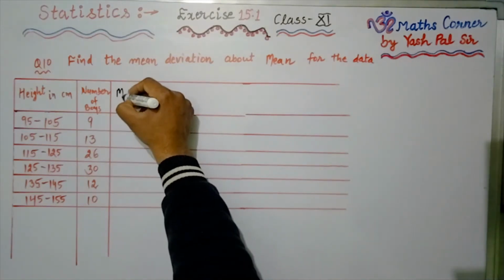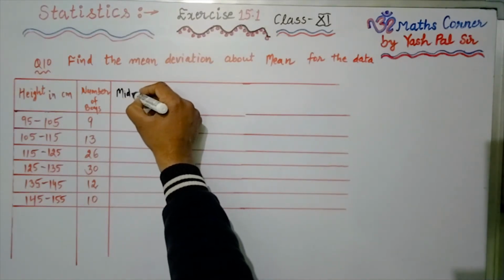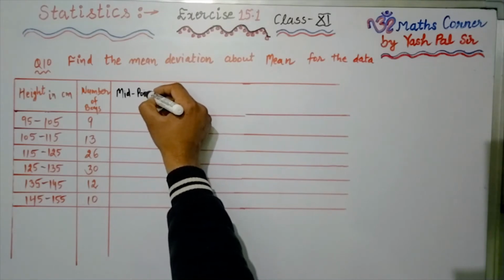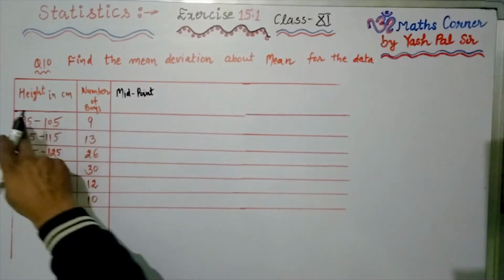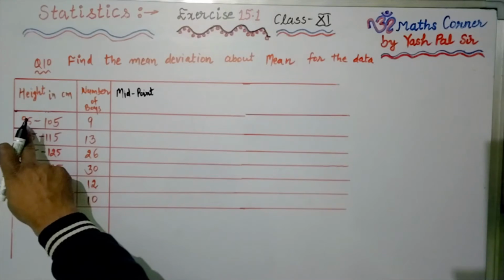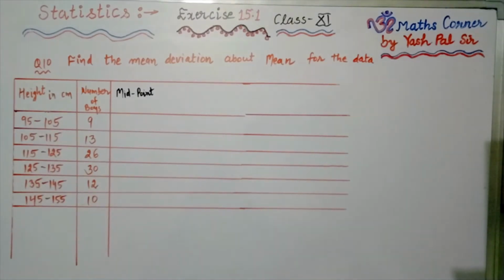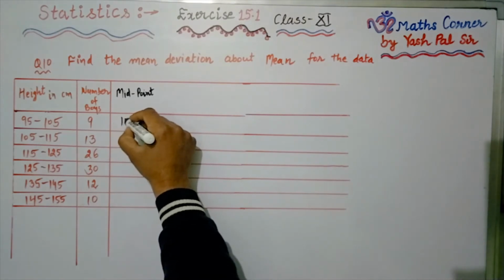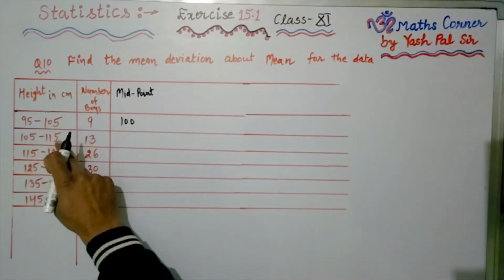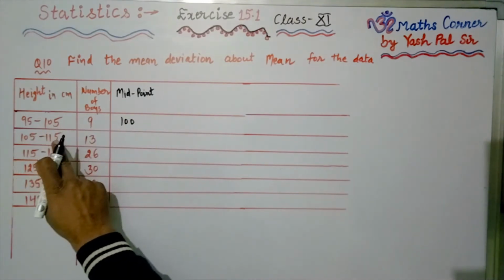So here once again we find the midpoint. Whose midpoint? This class interval. 95 plus 105 divided by 2, 100 is the midpoint.